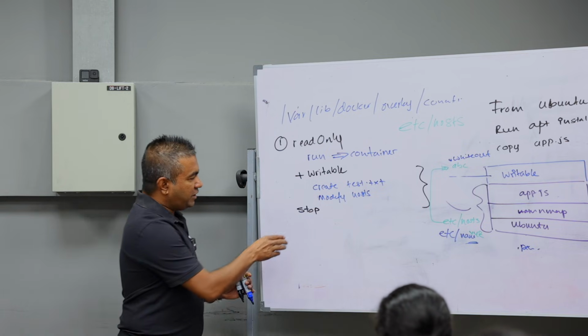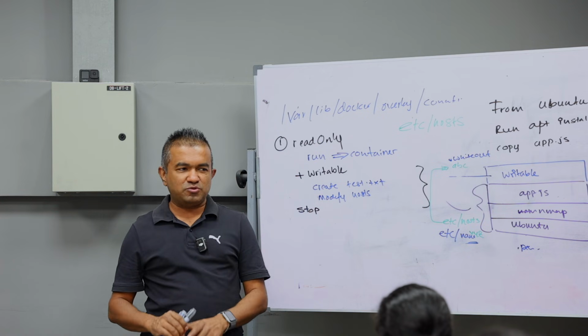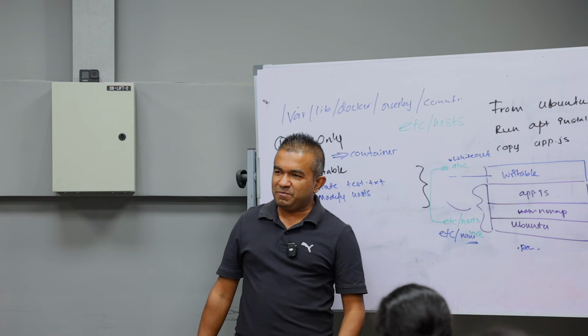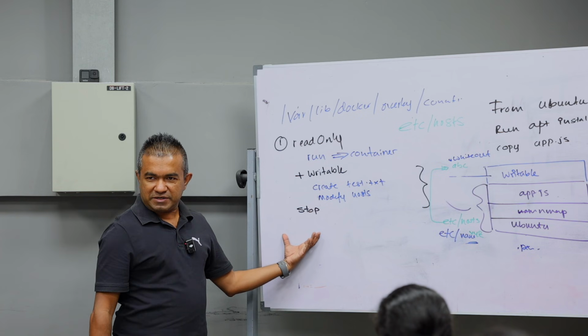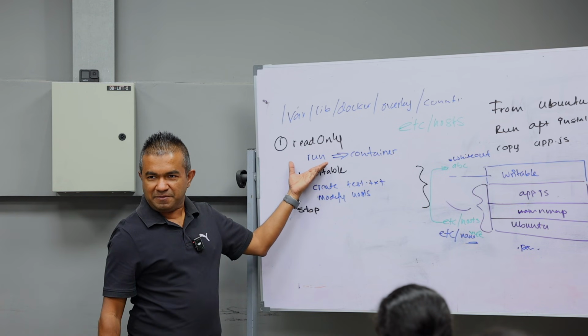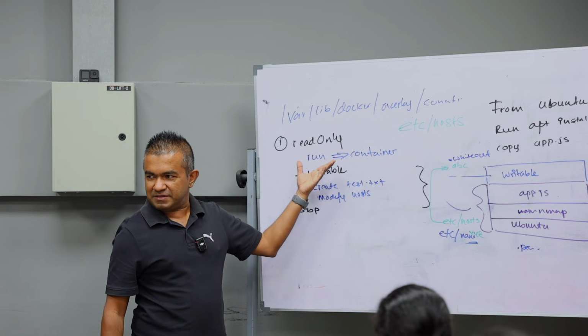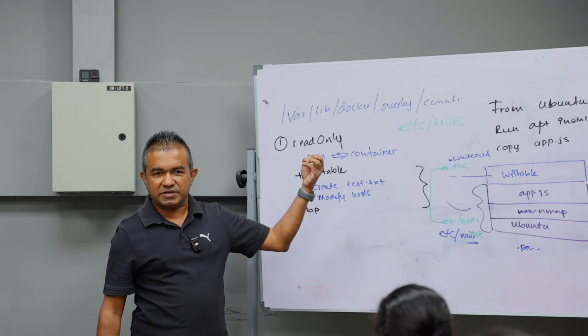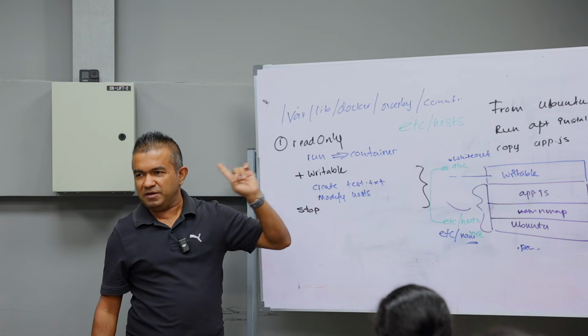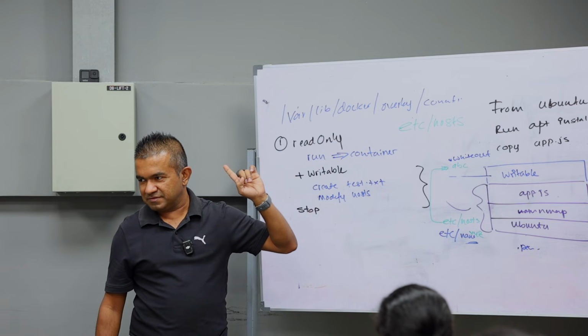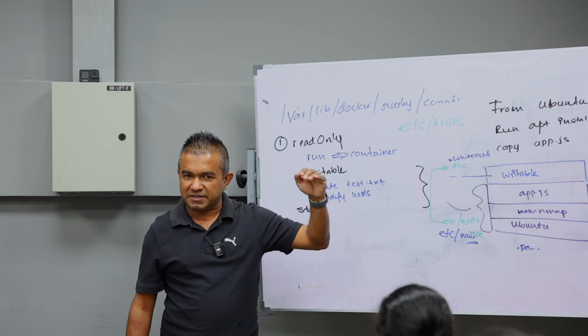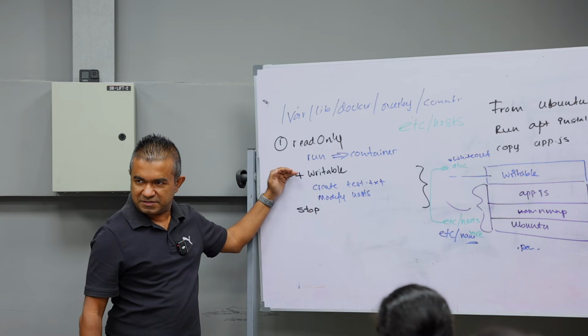Okay? So when you stop the Docker, there was a question asked: what is the difference between stop and removing? When you run the Docker, what happened? We learned in the last session that it creates PID 1, but that PID is another process ID for the host.